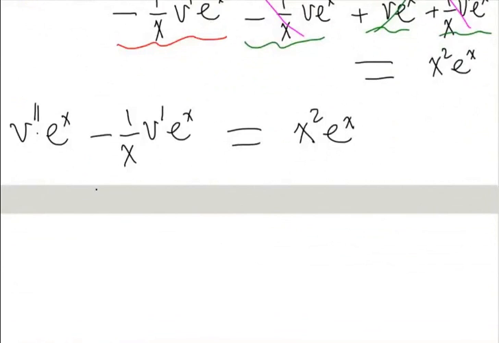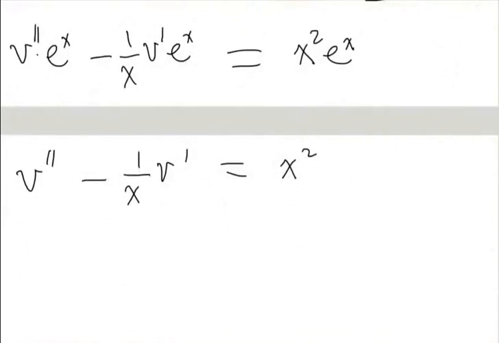Now for this problem, we can simplify a little bit as well by dividing everything by e to the x. We get v double prime minus 1 over x v prime equal to x squared. So now we have a new equation in terms of v.